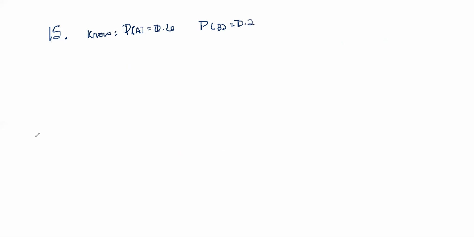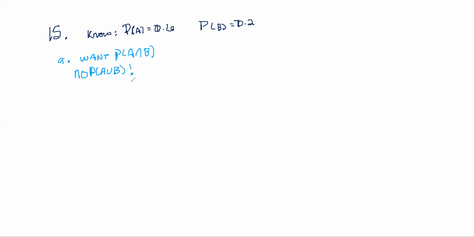So we need to find a bunch of different things. We're going to start off with the probability of A intersecting with B. How can we find this? Because there's no probability of A being A union B. How do we find this?